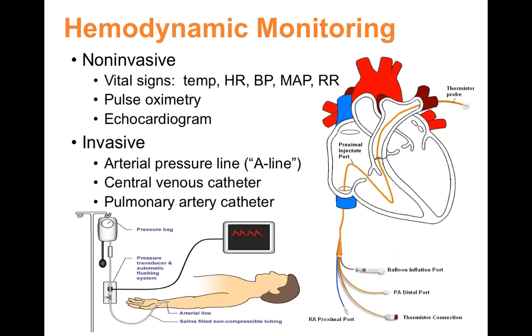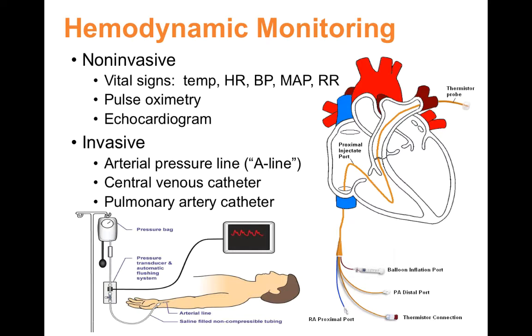These are big lines that you can thread in through the heart, and they can give you a lot of information. As far as hemodynamics, you can get a lot of extra hemodynamic numbers. There are also ports where you can draw blood from and give medication. So while they're very useful lines, in general, we try to avoid them.